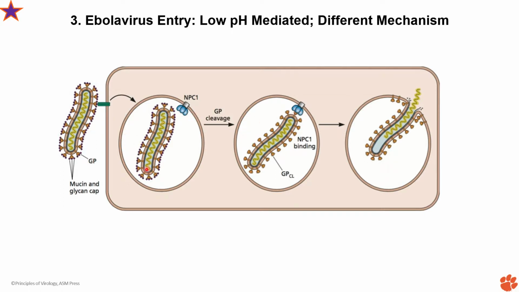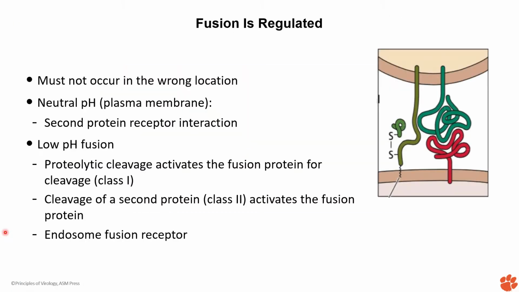Remember that this happens in the endosomal pH, which is acidic. It does not happen at neutral pH. Anything that happens outside at the plasma membrane is at neutral pH, and that will not be correct. It happens in the acidic pH, because in the endosome are all the proteases responsible for this.